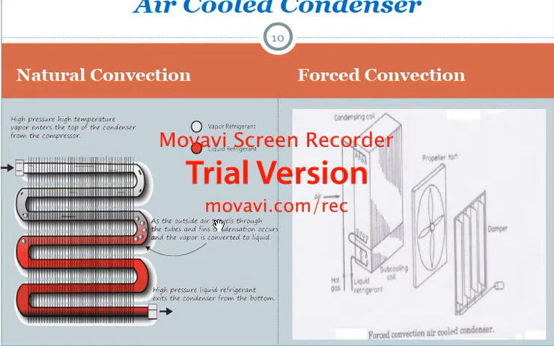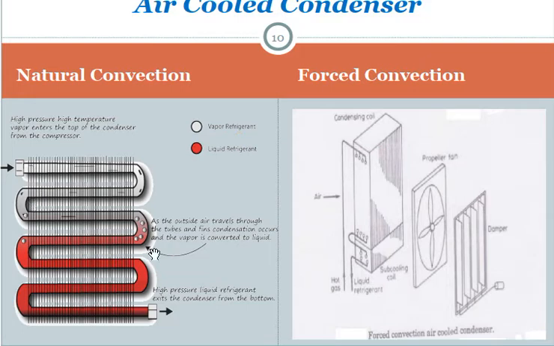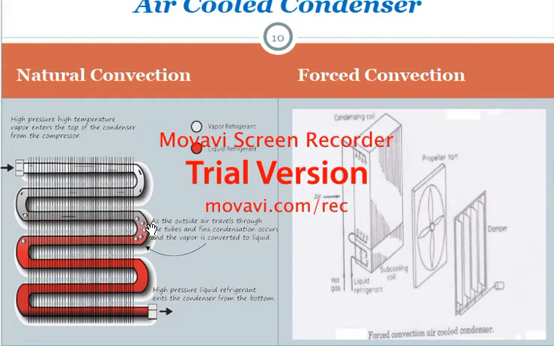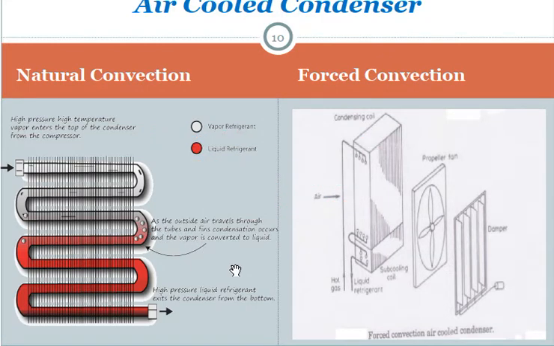The high pressure, high temperature vapor enters the top of the condenser from the compressor. It comes inside the tube, and the black lines shown are the fins. In the second stage, as the outside air travels through the tubes and fins, condensation occurs and the vapor is converted to liquid.